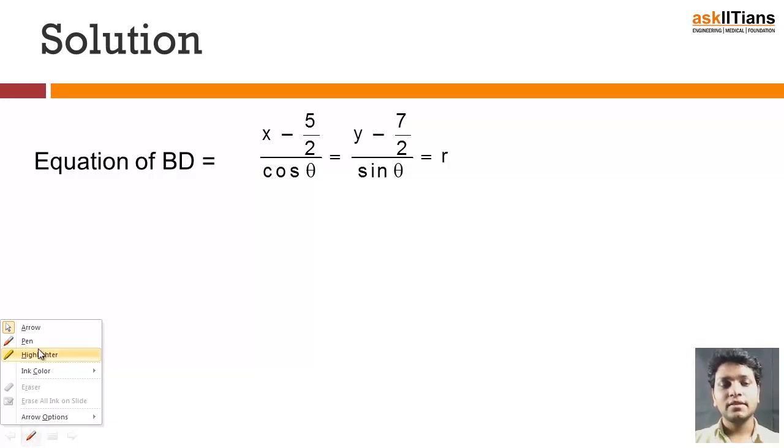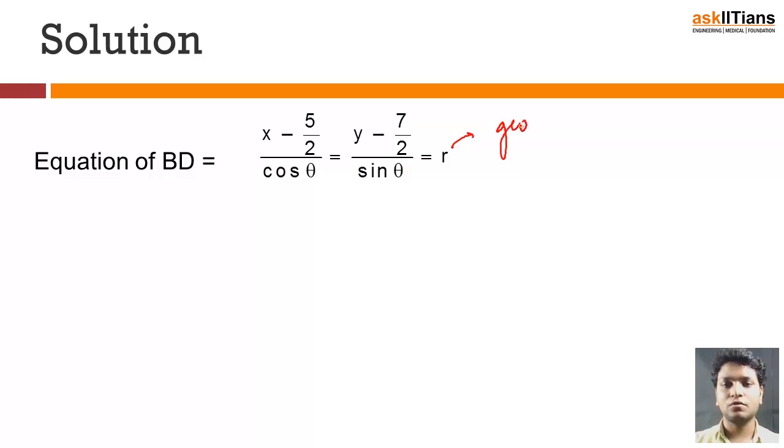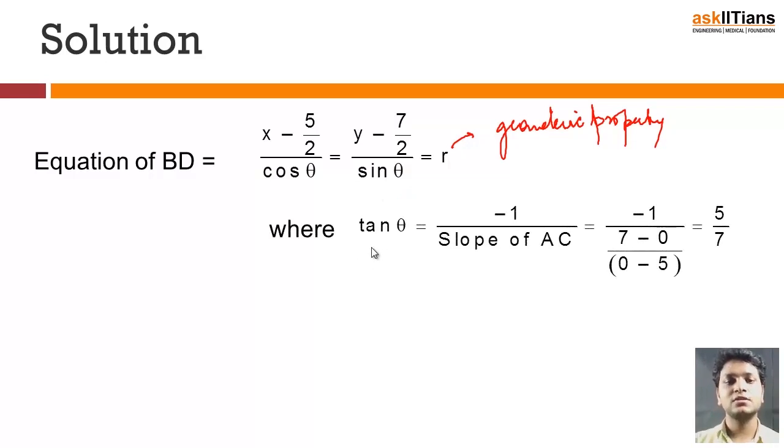As you can see, there are two variables in this equation, but we have found out one using the geometric property of the square. And there is one more variable left, that is theta, and that we will find out using another property that we have learnt in the early phases of this chapter, that is tan theta will be minus 1 upon the slope of AC.